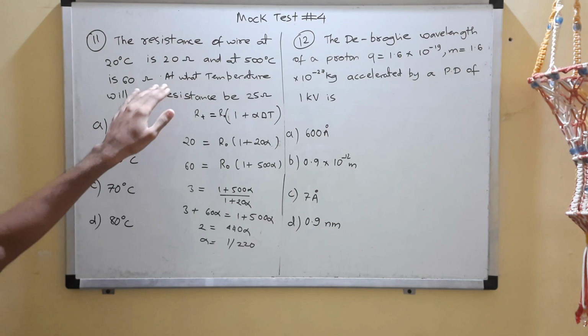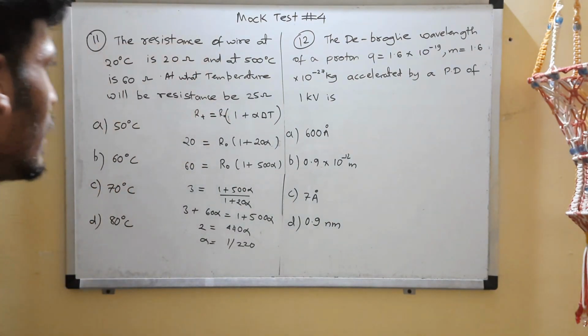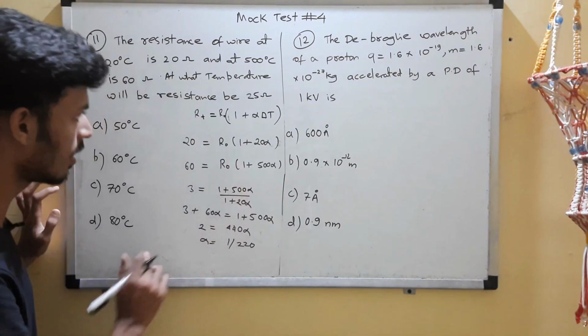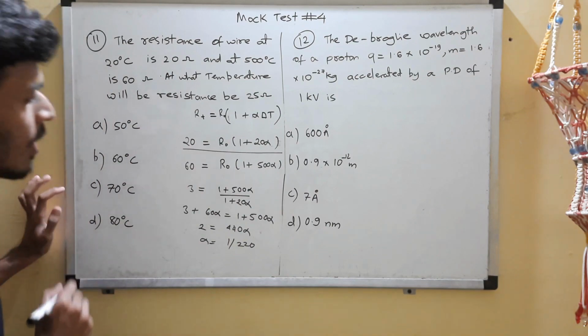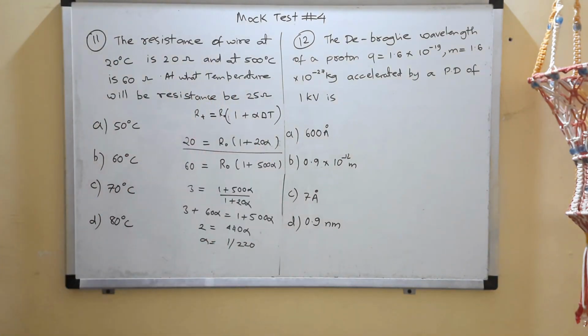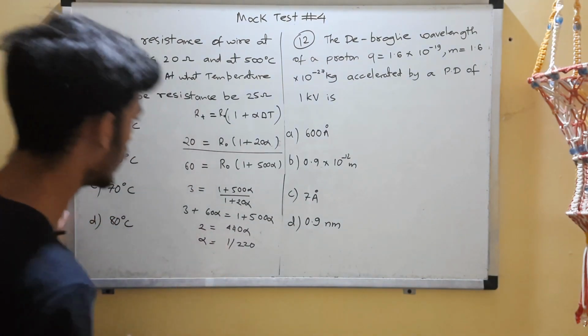What we are supposed to find is at what temperature the resistance will become 25 ohms. So again we'll have to use the same procedure. First of all, we'll take this equation, because I don't want to compute the value of R0. We can actually compute it if you substitute, but let's not do that. So I'll consider one equation from here, this one.